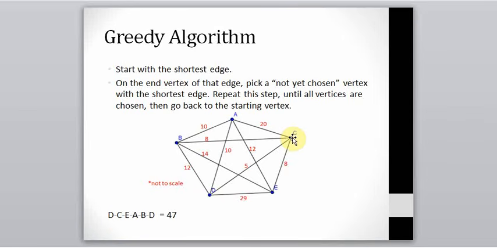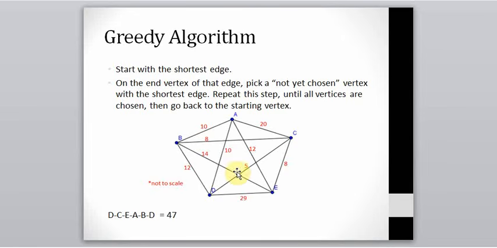Then the next step: on the end vertex of that edge, pick a not yet chosen vertex with the shortest edge. Repeat this step until all vertices are chosen. Then go back to the starting vertex.